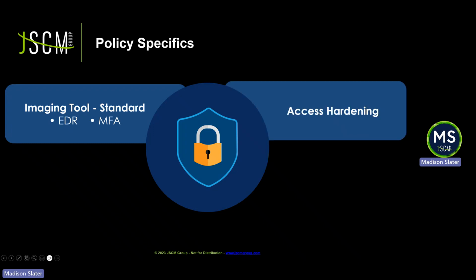Another thing that your policy should specifically include for device hardening is access hardening. We've talked on and off throughout the year about things like least privilege, giving someone the least amount of privilege possible. That concept can be reflected in a bunch of different areas in your organization, down into things like your device hardening policy. Our devices should be hardened in such a way that you only have access if you need it.